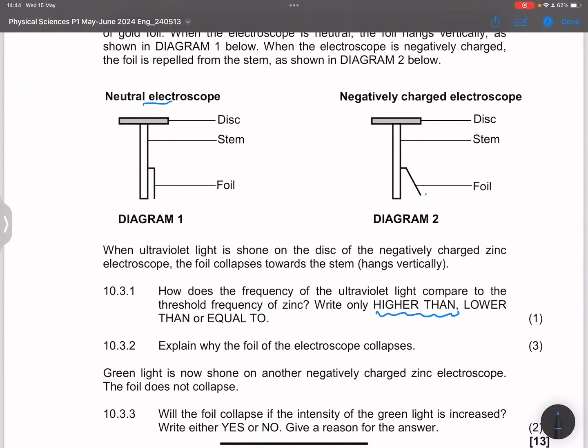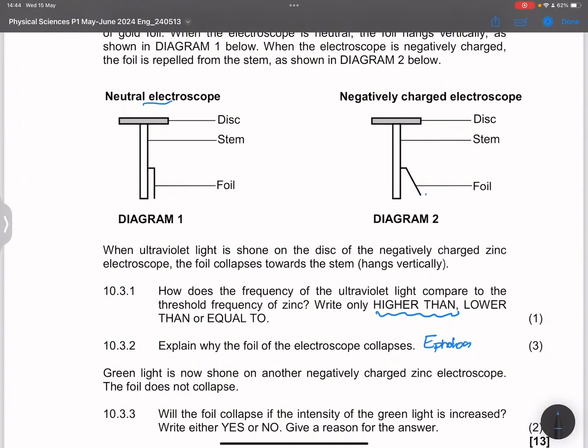All right, so they say explain why the foil of the electroscope collapses. We will just explain that ultraviolet light has photons which have a greater amount of energy.